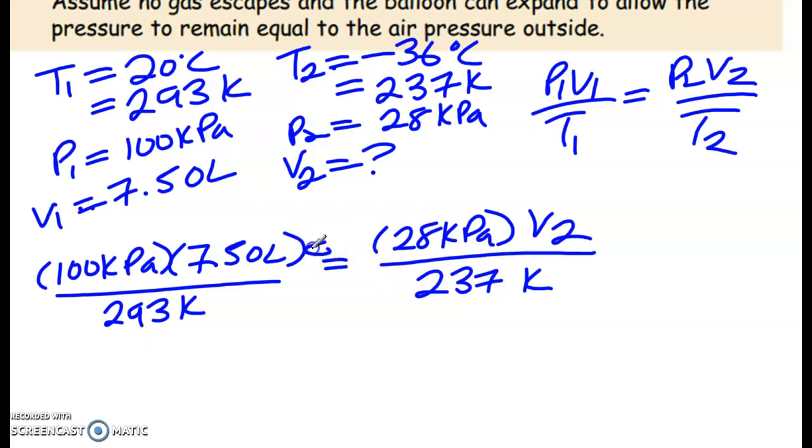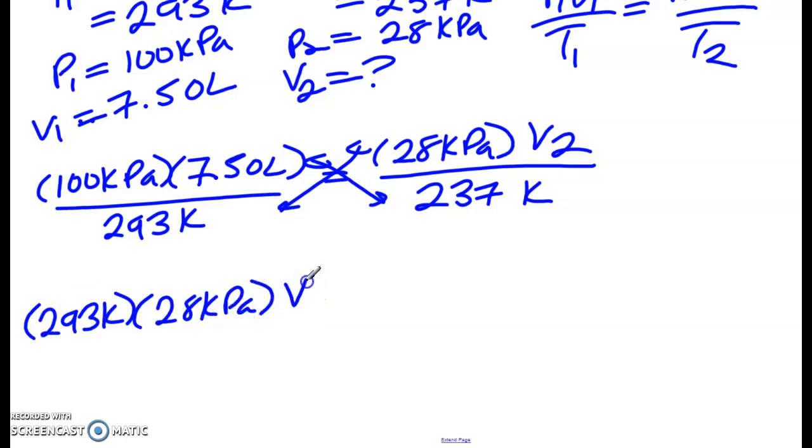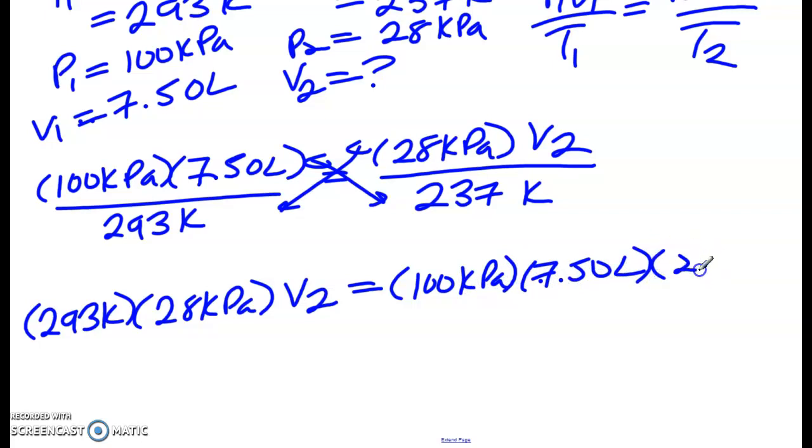Okay, so we're going to do cross multiplication here again, right? So we're going to have 293 Kelvin times 28 kPa times V2 is equal to 100 kPa times 7.50 liters times 237 Kelvin, right?